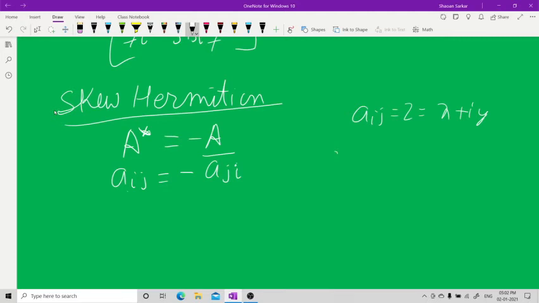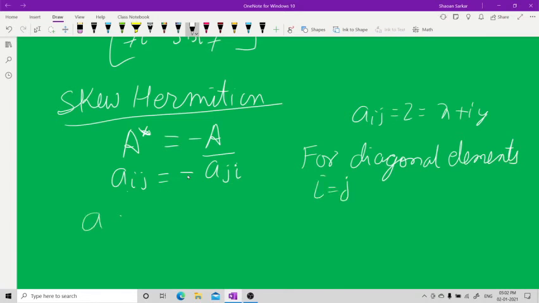For diagonal elements, i equal to j, so this will become aii equal to minus aii bar. Now if I bring it here, this will be aii plus aii bar, which is 0.